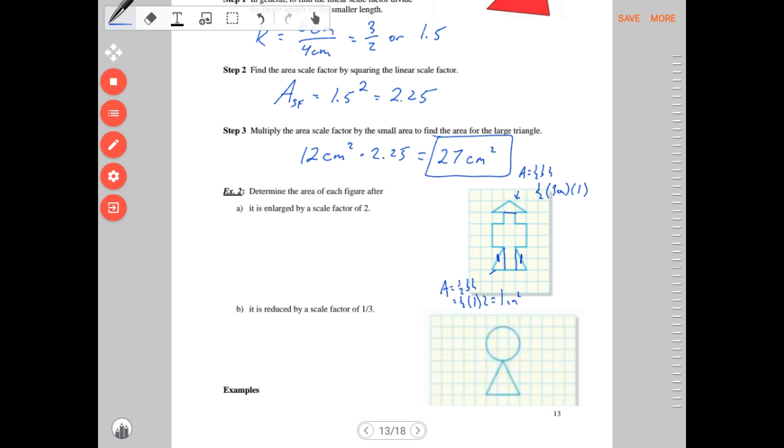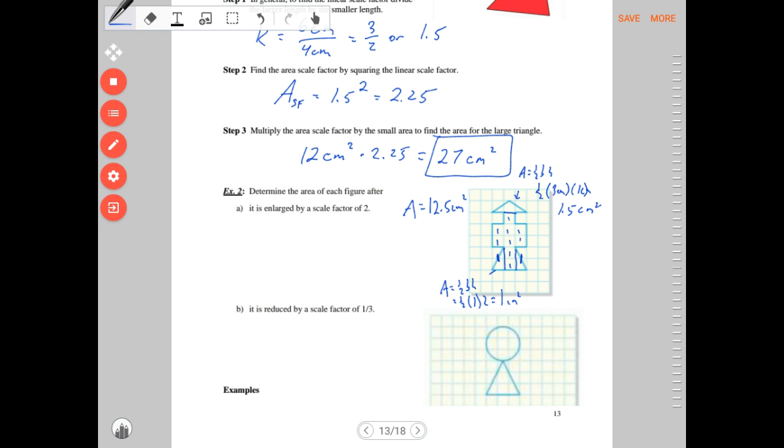So 1/2 times 3 times 1 is 1.5 centimeters squared. Now we've got 1, 2, 3, 4, 5, 6, 7, 8, 9, 10, 11, and then this is 1.5, so 11 and 1.5 is 12.5. That was a lot of work just to figure that out. So 12.5 centimeters squared. Easy enough.